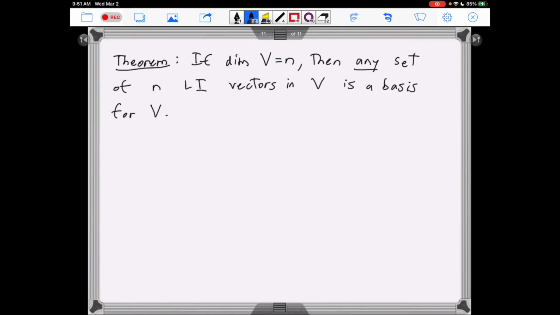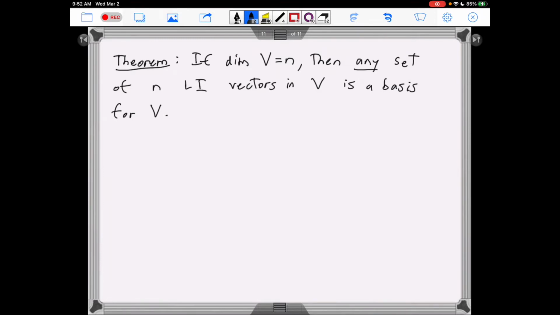This is basically saying that as soon as you know the dimension of a vector space, then anytime you have that many linearly independent vectors, it must also be a basis.